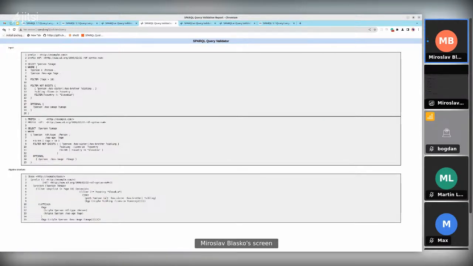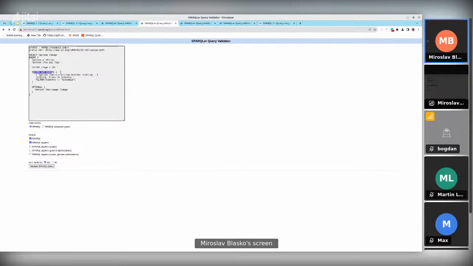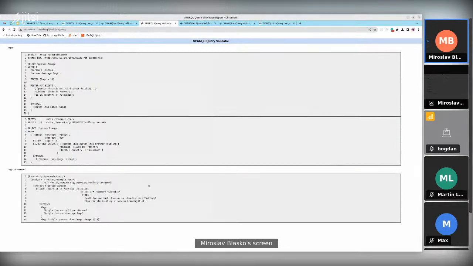Maybe this is interesting: filter not exists. You could see that the filter basically always answers true or false. So it's all in the filter, the result of the subquery, when you combine it with the left join here.